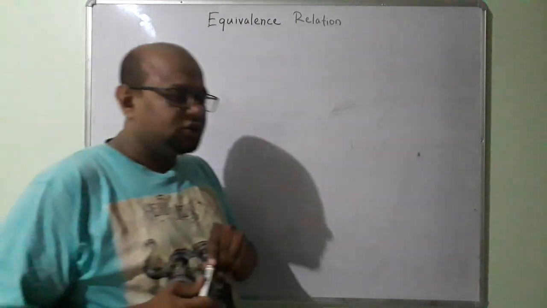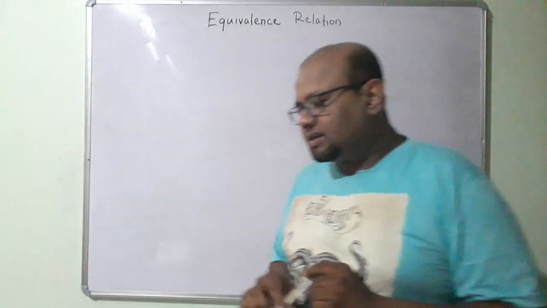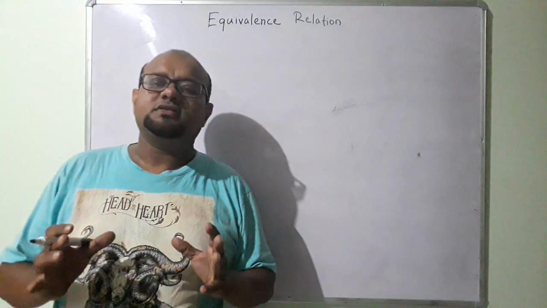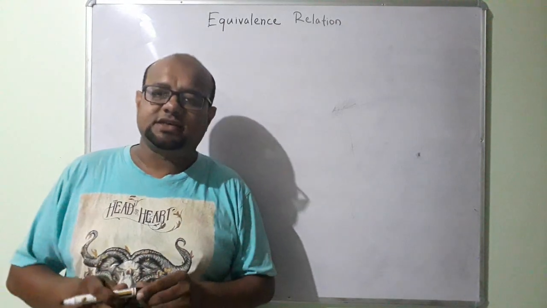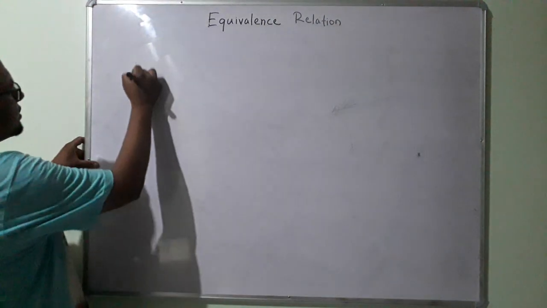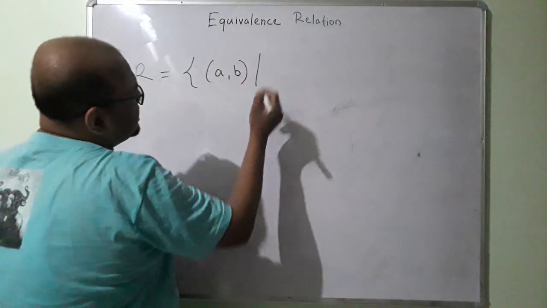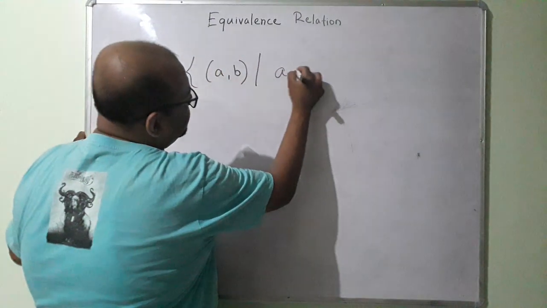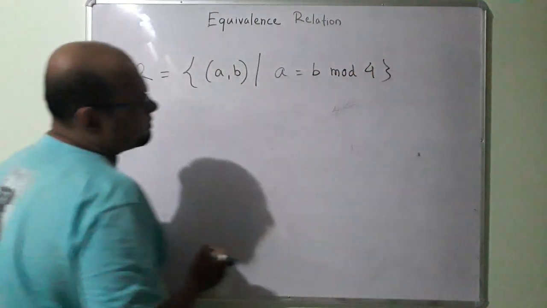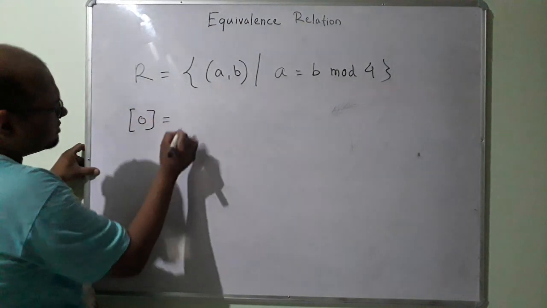So what is the point that I am trying to make? All these different sets are equivalence classes. Let us once again talk about this relation. It contains AB such that A is congruent to B mod 4. We saw the equivalence class of 0.